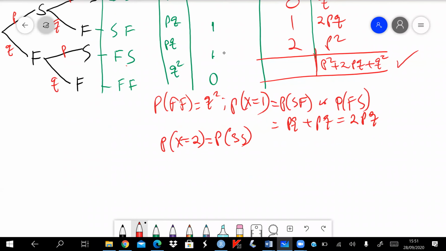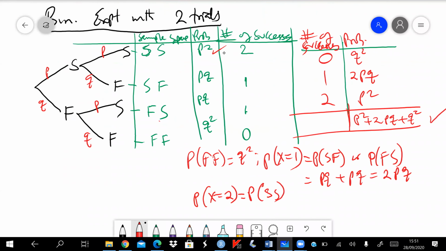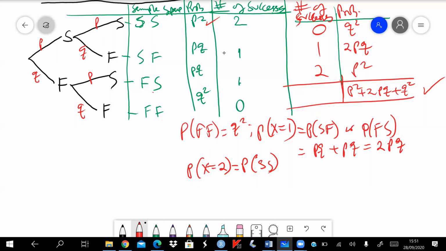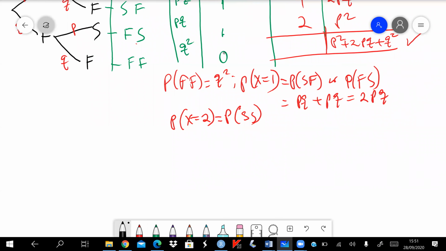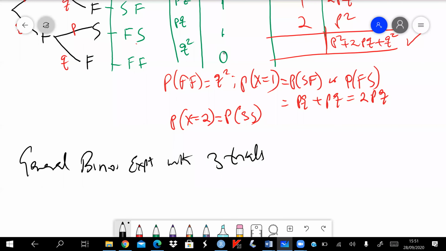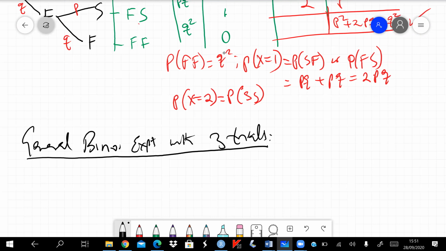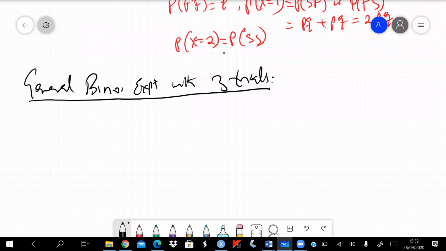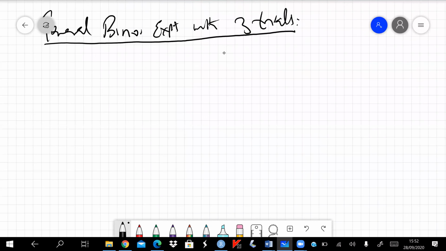Then finally, let's look at a general binomial experiment with 3 trials. So we are going to have a tree diagram with 3 levels of branches. So I may need some bigger space here.